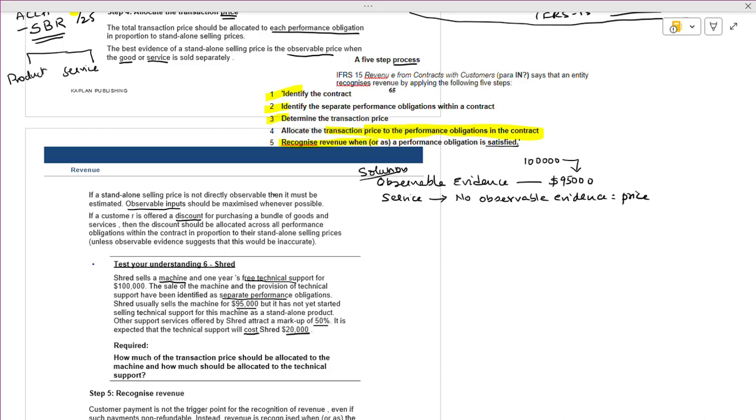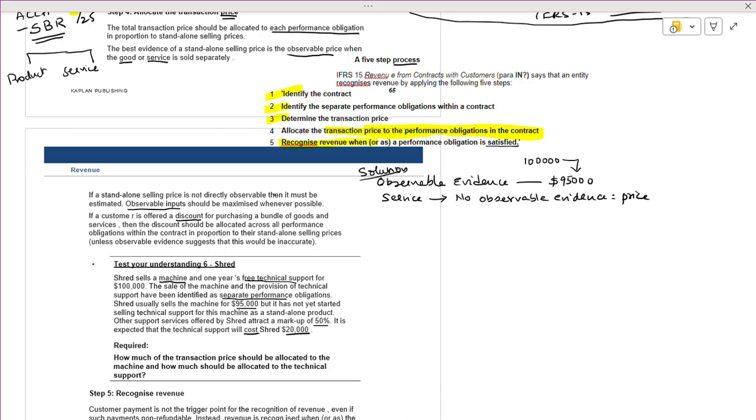It means we don't have it. Now we have to identify what is the value of the product and what is the value of the service. Is it right? Now, how much are they selling the product for? Usually it sells the machine for how much? 95,000. Is it right?